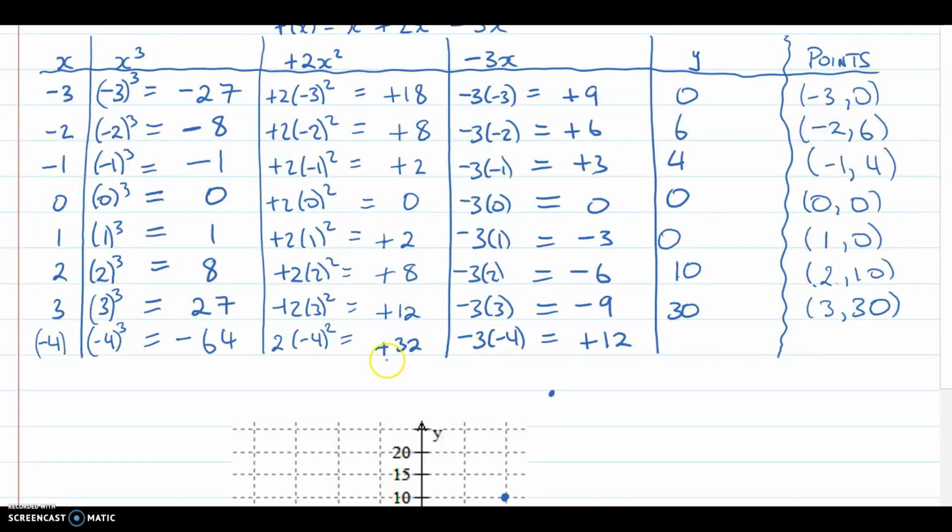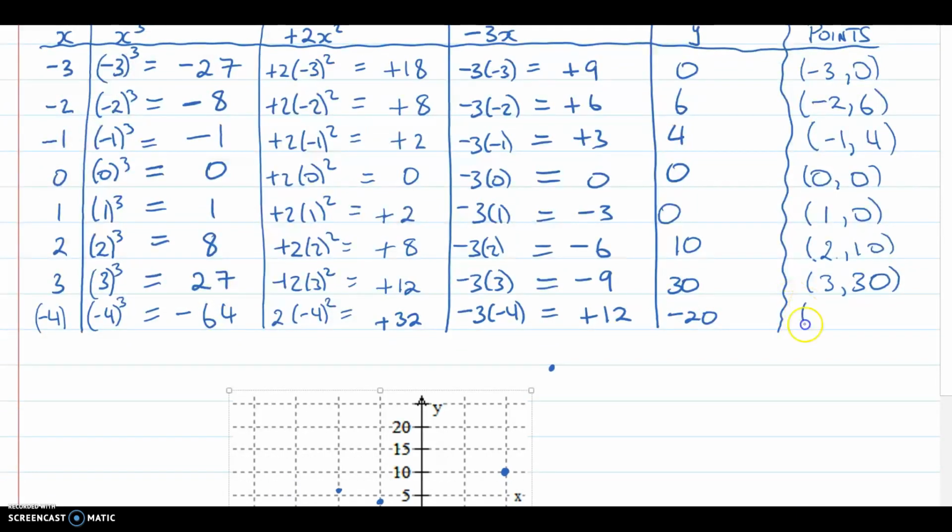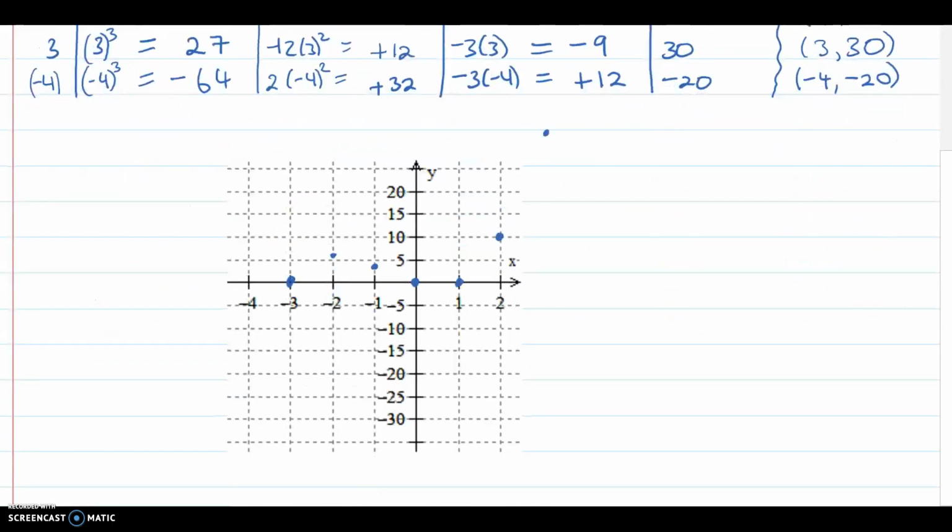So we have 32 from 64 is 32, 12 away from 32 is 20. In this case, that would be minus 20. So if you add these three numbers together, you get minus 20. So we've got minus 4, minus 20, and we can put that on.